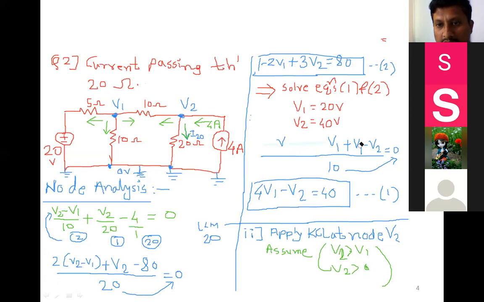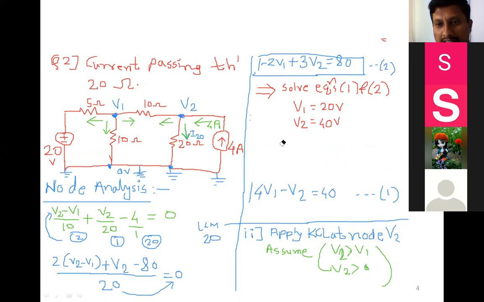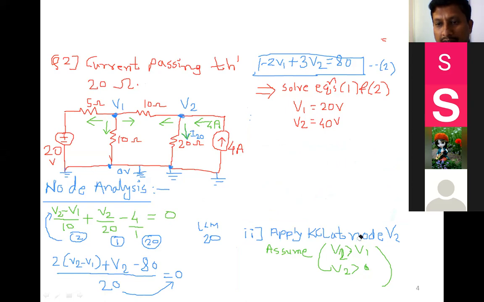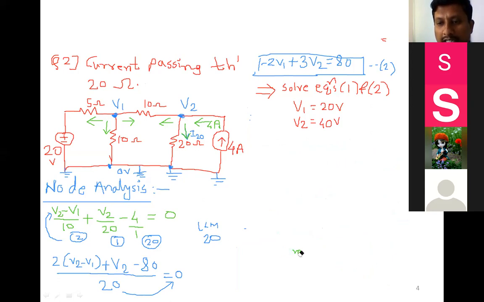Current passing through this 20 ohm. Ohm's law. Yes. So for that purpose, V1 required or V2 required or both? V2. Yes. Where the 20 ohm is connected, you can observe in the circuit. It is connected here. So for that purpose, we need only V2.